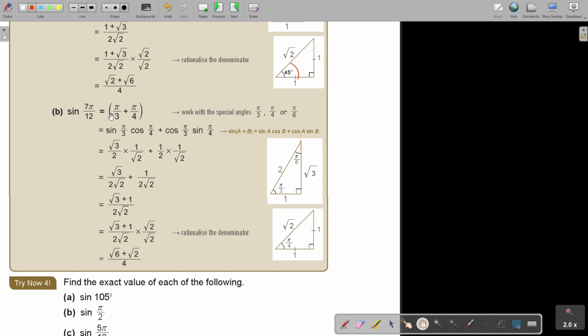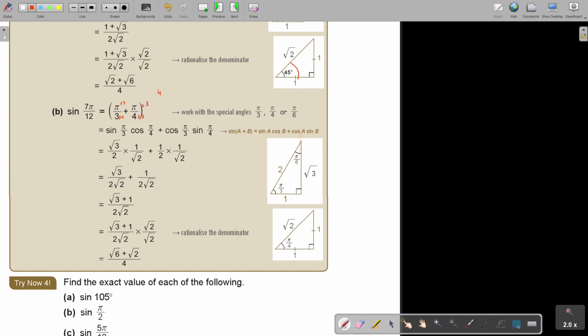And now I must think, how do I come to this combination? So work with the special angles. You must just see it's a third plus a quarter. To make the denominators the same, it will be times 4 and times 3.